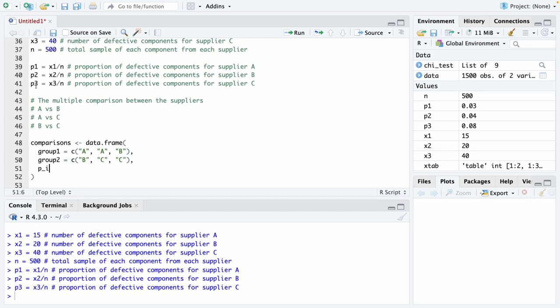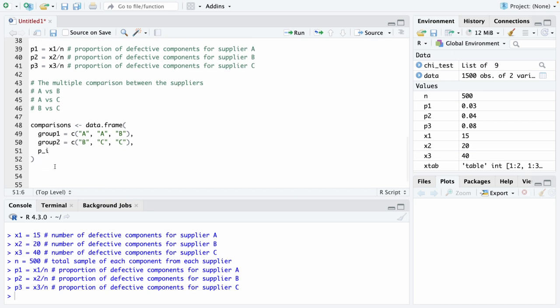So all we have to do is write P1 for A, P1 again for A, and P2 for supplier B. So A was 0.03, 0.03, and then B is 0.04.